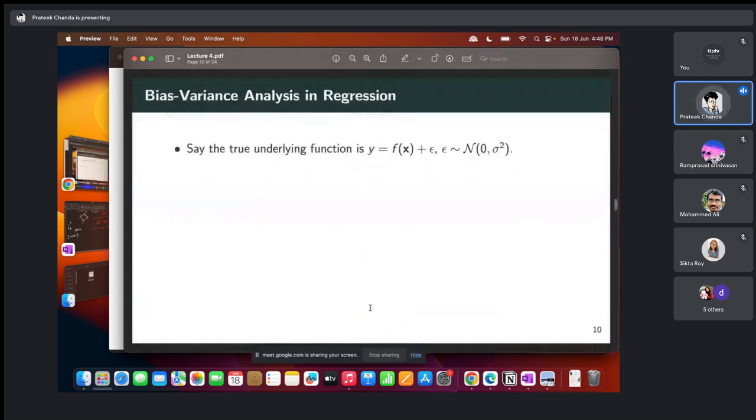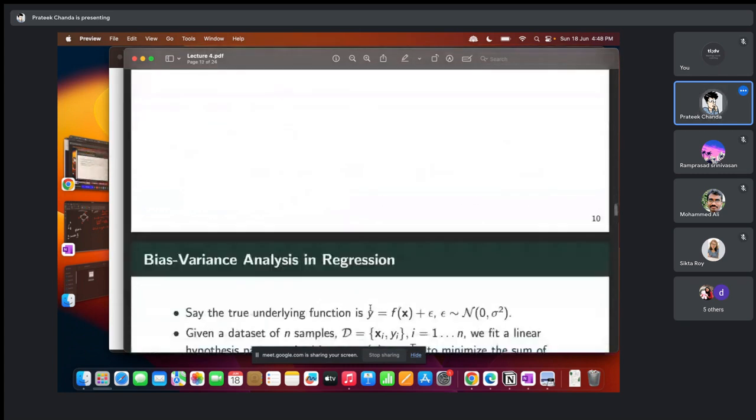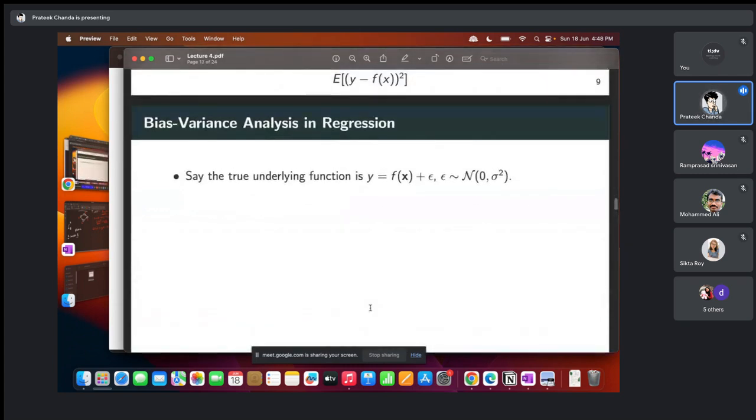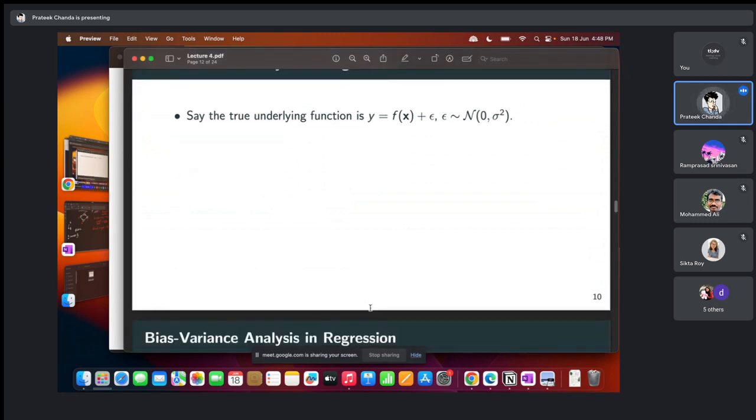In the last part of the lecture yesterday, we did a bias-variance analysis in the regression setting. Let's say my true underlying function is y equal to f(x) plus epsilon, where epsilon is noise from the normal distribution with mean 0 and variance sigma squared.